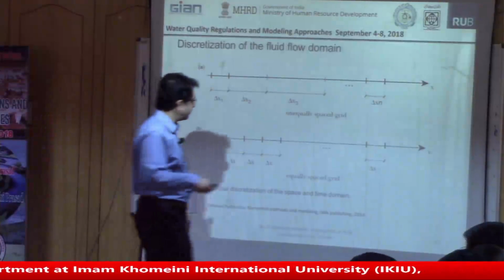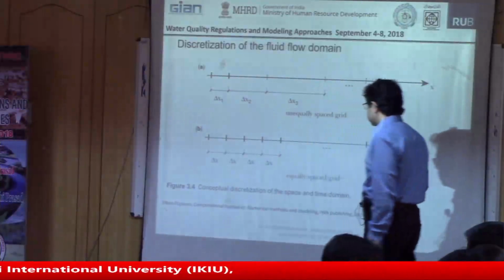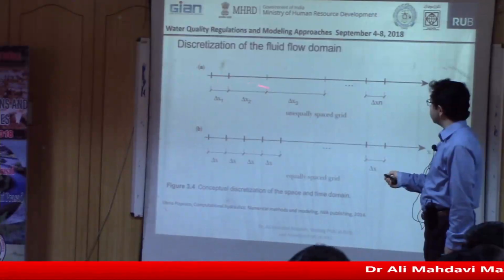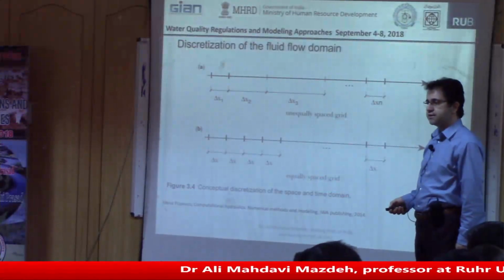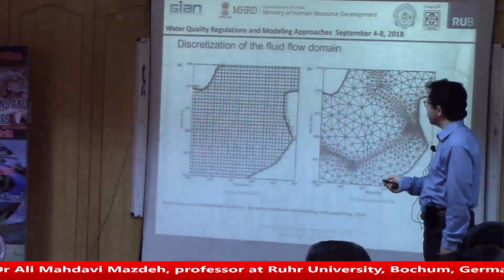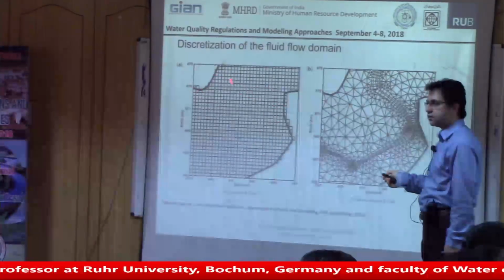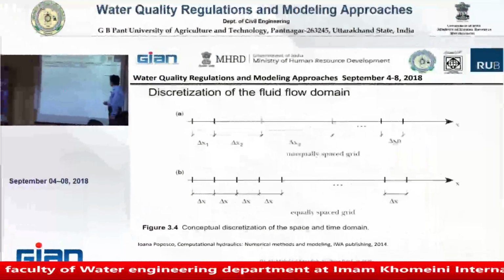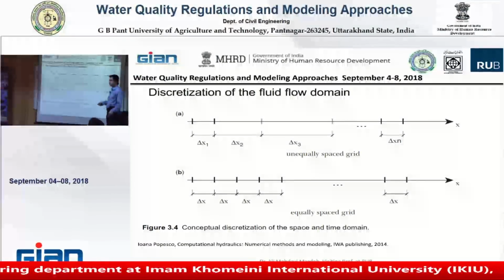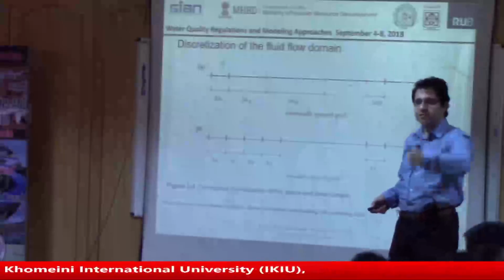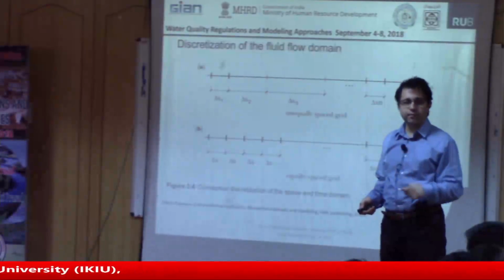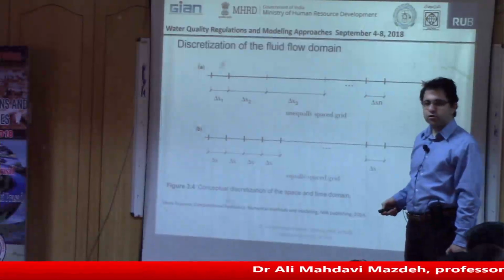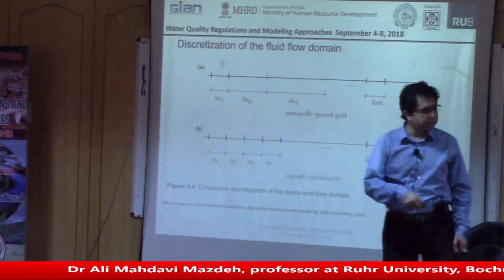To have a better feeling, if our change is only in one direction, only in X, this one was two-dimensional, so the grids are like squares. But if our change is only on a line, for example, if you are modeling a river in a one-dimensional method, then only X is changing. So your grid would be like the example here.